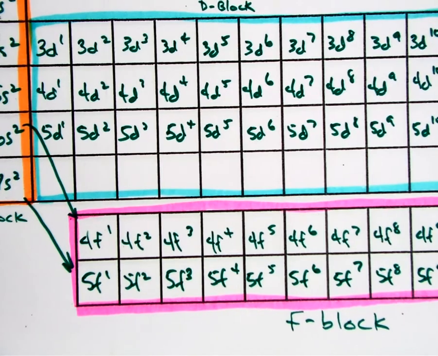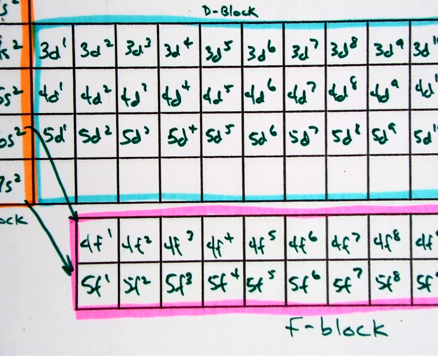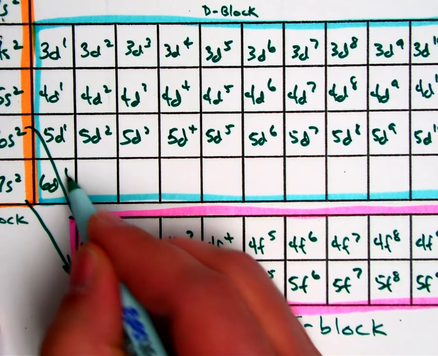Okay, after 5F14, we jump back to D block. Anybody want to guess what is their first coding of D block? 6d1, correct.